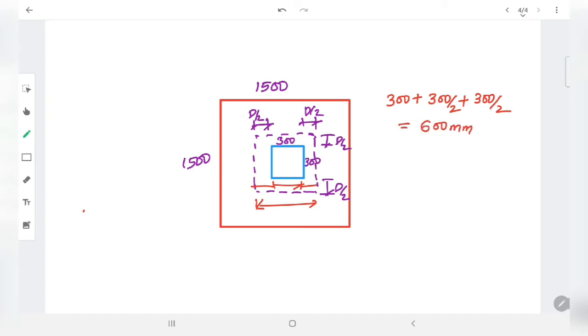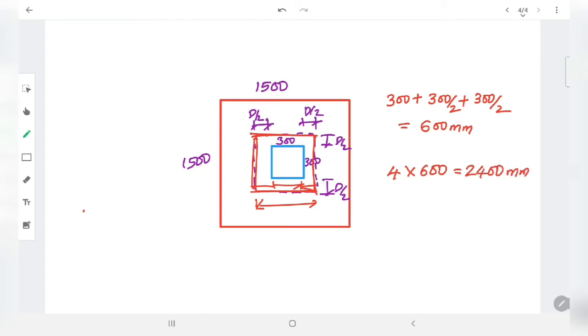The shear force acts along this line, that is 600, 600, 600 and 600. Total four times 600, that is 2400 mm.